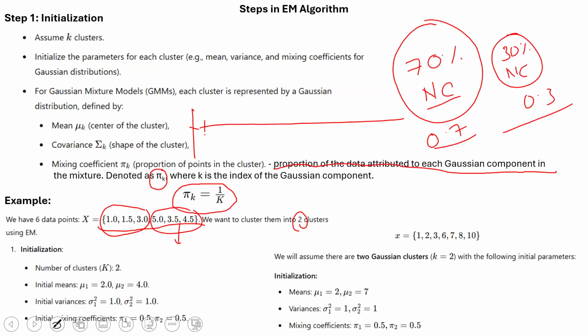So 1 is here, 1.5 is one point here, and 3 somewhere here. 5 will be here, 3.5 will be here, and 4.5 will be somewhere here. You just take 2 as the midpoint of these two, and you can choose 4 as the midpoint of these three points. That's how you can come up with some means by taking the average or something of that sort.